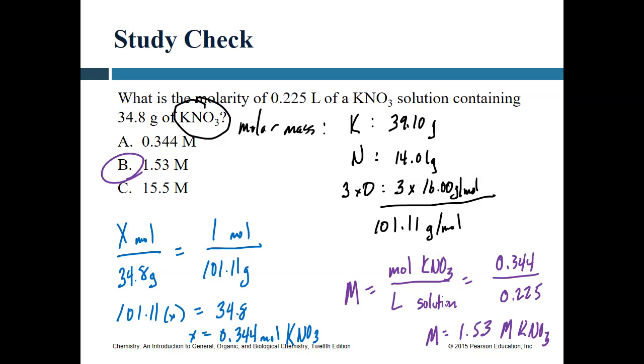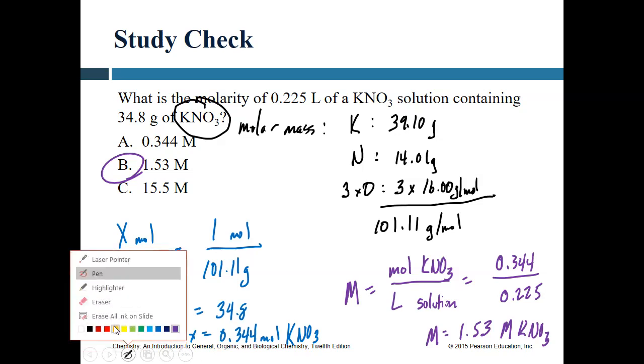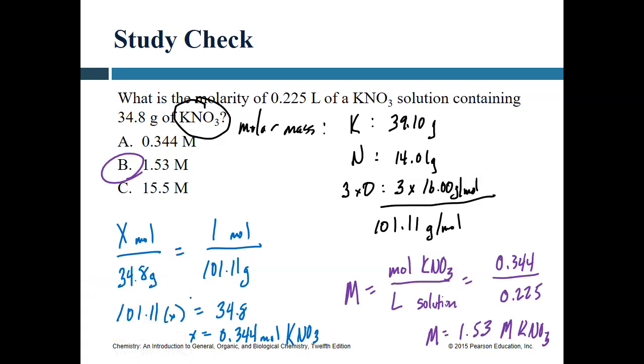Whereas here, it was just moles and grams. And I didn't put the units in here. But if I had, we would have had grams times X over here, and we would have had grams times moles over here.